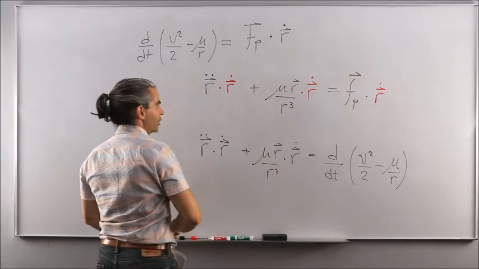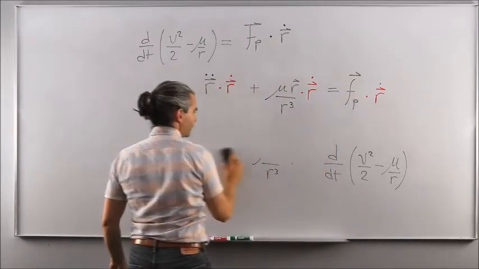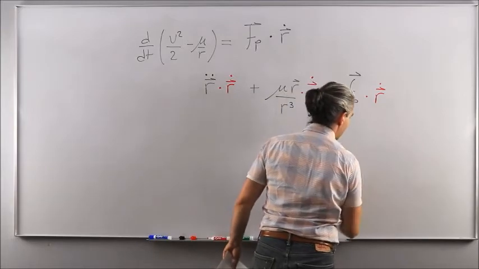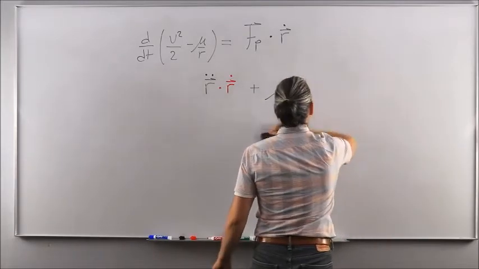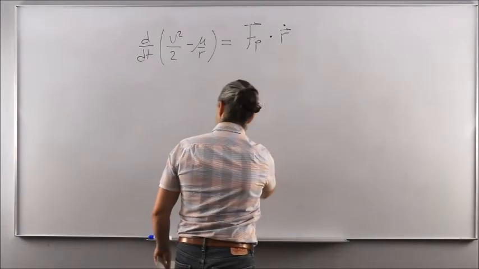Wow. So just by adding this extra term to our two-body equation of motion, we've now discovered that the energy of the orbit is no longer conserved. That makes a lot of sense.